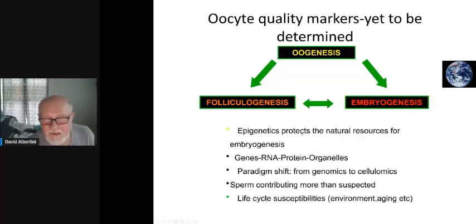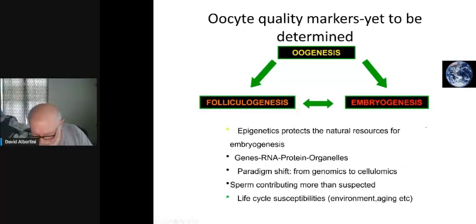We're seeing that epigenetics is applied universally now in gamete production and embryo transformations, that the capabilities of the oocyte rely upon this maternal inheritance. And we're seeing, I think, a paradigm shift from the use of genomics technology, which is an important front end, to that of cellulomics and metabolomics. We need to keep in mind that sperm are contributing more than we previously suspected.